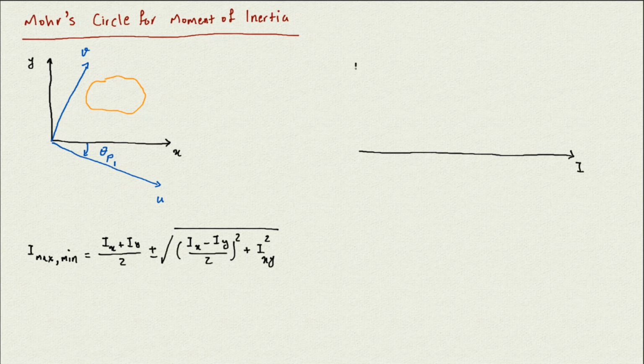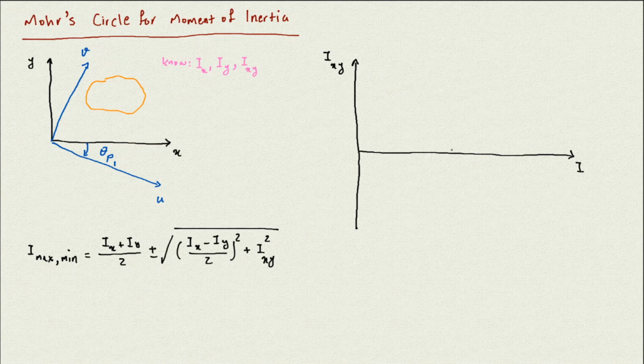Then we have the vertical axis, which shows the product of inertia. Here I would call it Ixy, but in general it's the product of inertia about any two axes. For the original case, we know three values: Ix, Iy, and Ixy.